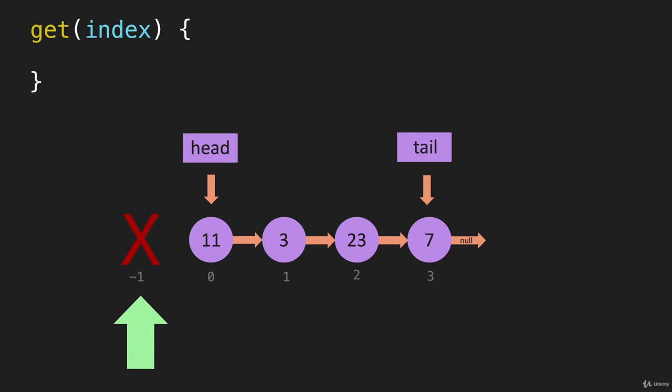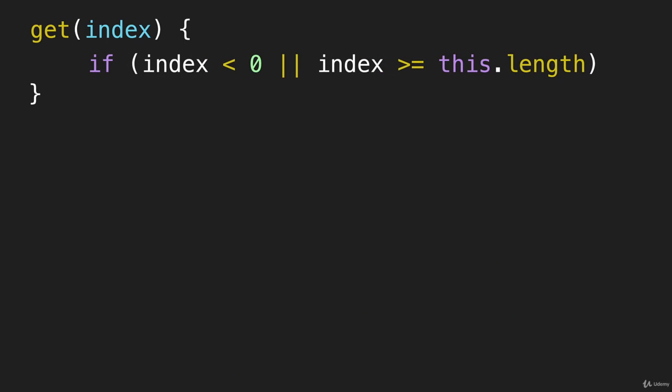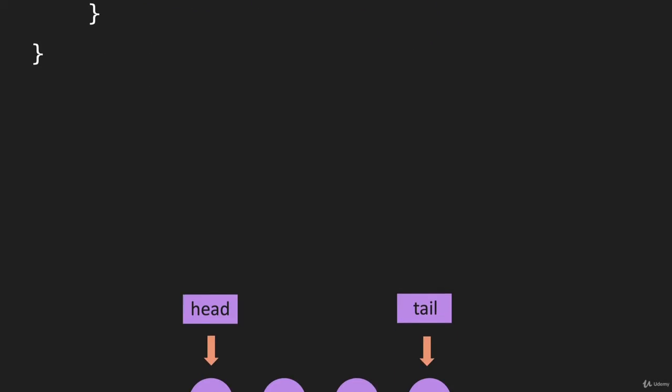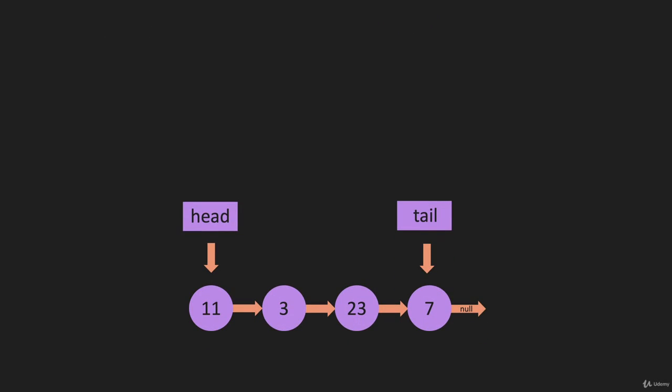And we can't return anything at the index of 4 or greater. We could say greater than or equal to this dot length. So we could do it like this. If the index is less than 0 or it's greater than or equal to this dot length, then we're going to return undefined.